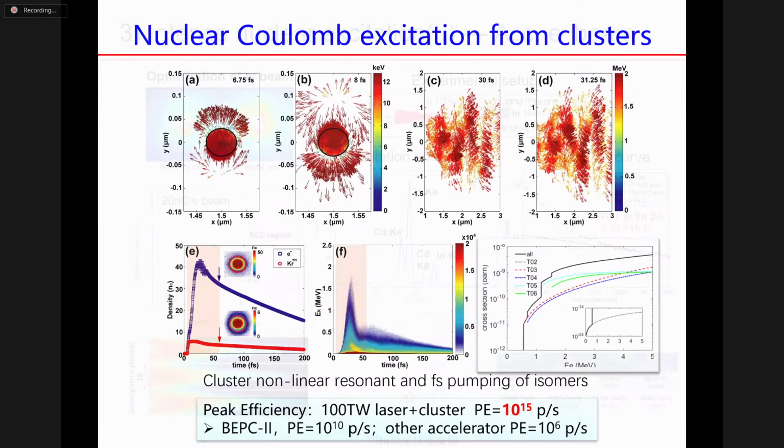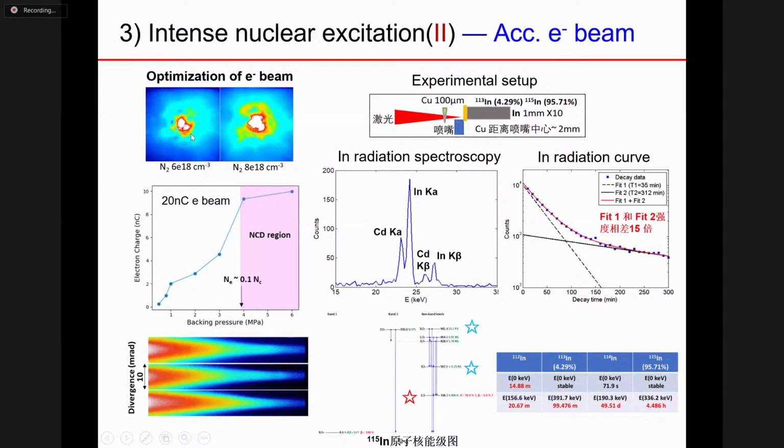So we use this kind of accelerated electron beam to try to excite some isomer, for example the indium-115 isomer. We shine the laser onto the nozzle, and we get an optimized electron beam with quite high charge, for example 20 nanocoulomb, as we mentioned previously.